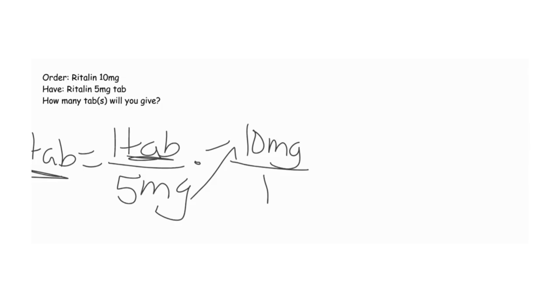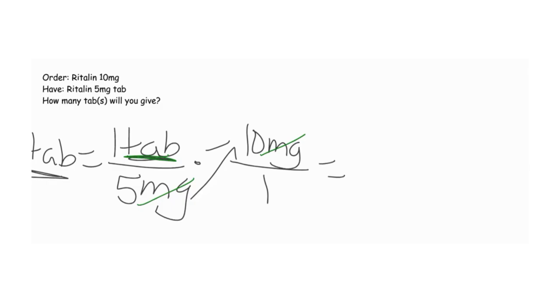Okay? Now we have enough setup here to cancel out milligrams and we just have tab left. So we don't need to set up another part of the equation. We can solve the equation now.